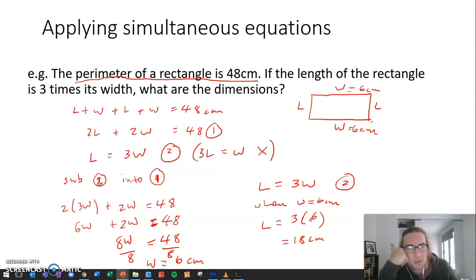Just subbing that back into either equation, I can use either. I could use the other equation if I wanted to, but I think that one's a lot easier to use. That makes sense: 2 lots of 6 is 12, 12 plus 18 is 30, 30 plus 18 is 48. So those are the dimensions of my rectangle.